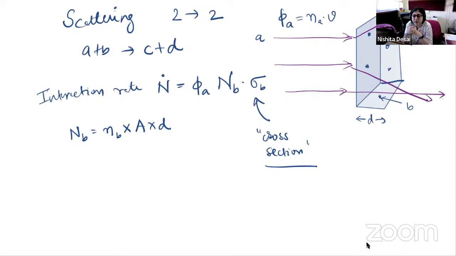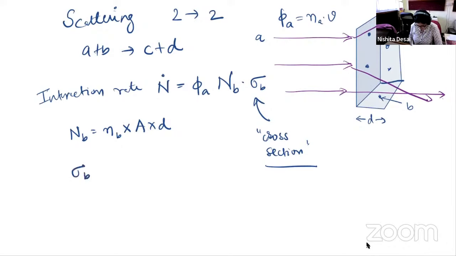And then you can think of it intuitively as that the particle A sees particle B as being larger than it actually is. So cross section in that way can be a measure of the charge or the interaction strength between the two particles that you're probing. And this is why this is the most fundamental quantity that we use to make our observations. Okay. So this is the cross section.